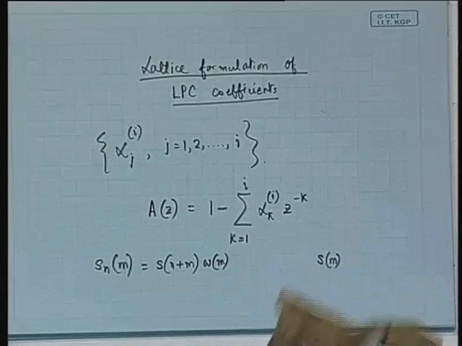Now, if S of m is the input to the filter, the filter as defined above, what would you expect at the output of the filter? Any answer? See, what is this filter? This filter is realized out of the predictor coefficient.